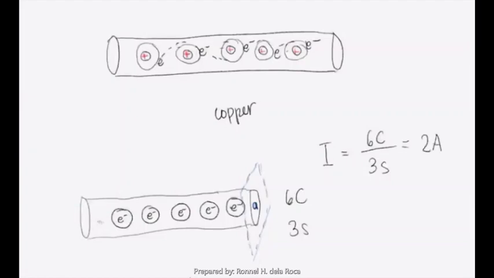Yun nga lang, hindi magiging possible yung current na dadaloy doon sa copper wire unless meron tayong external force applied doon sa wire. At ito yung voltage.